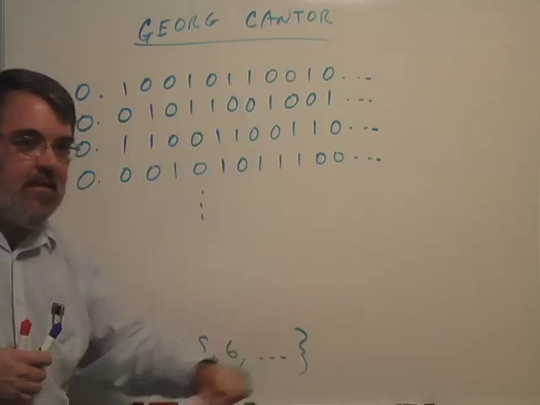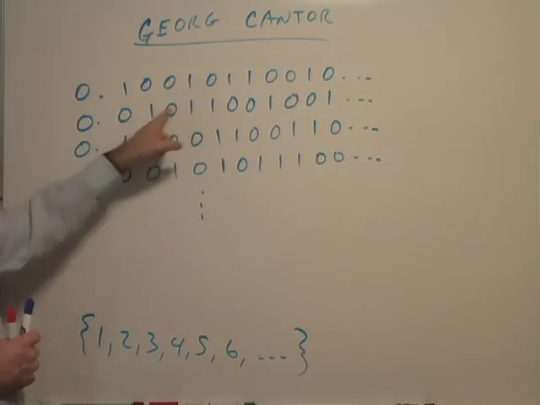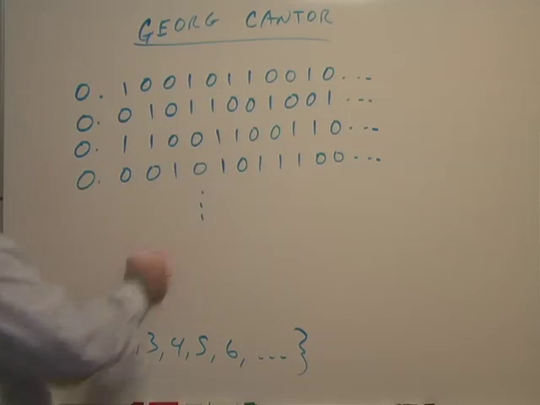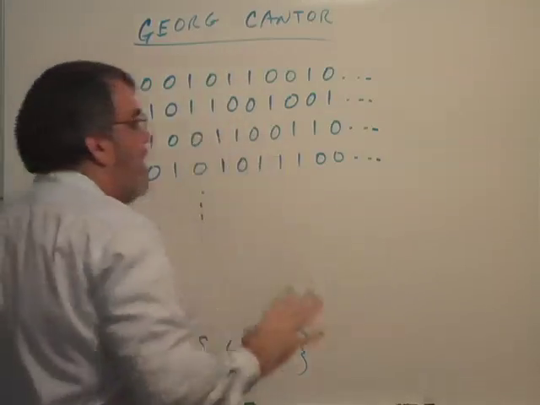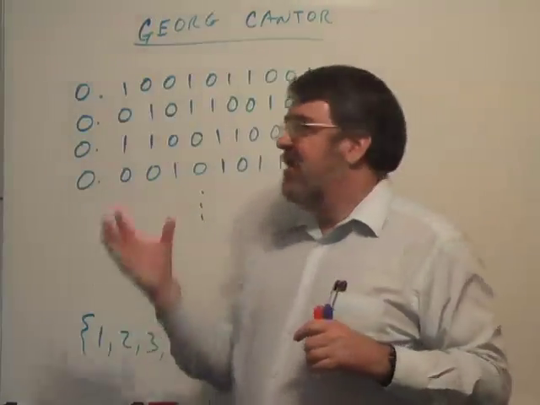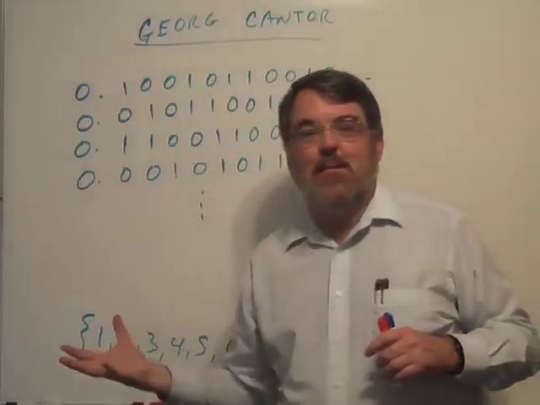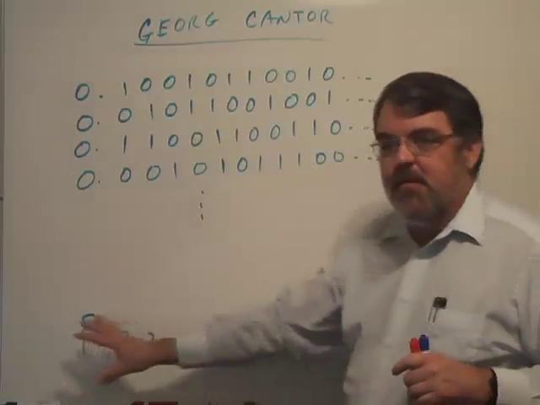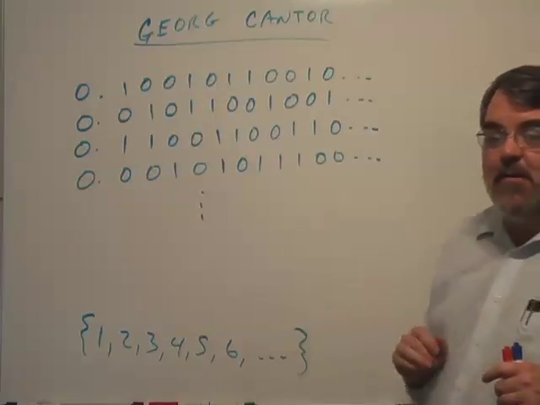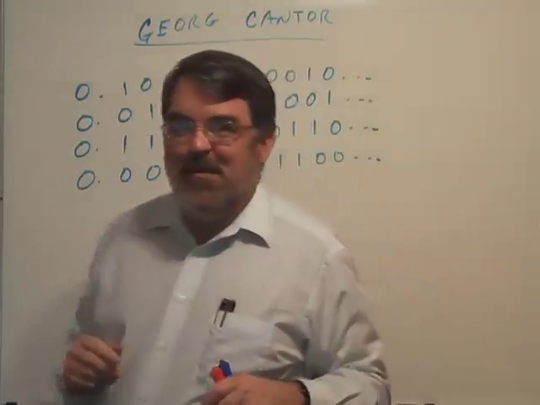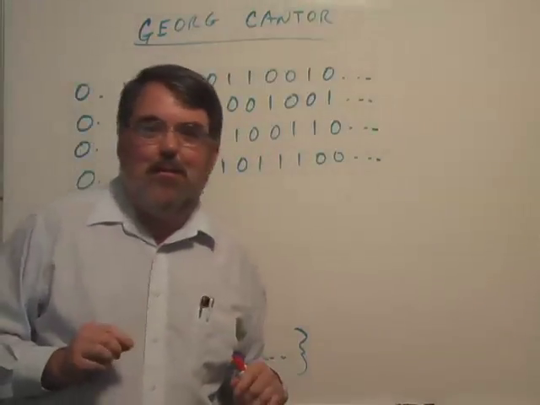And then 7, 8, 9, 10 will be 4, 3, 2, 1. He said we can diagonalize this infinite set of numbers and show that it's countable. It has the same size as the natural numbers. So far, so good. It all seems quite reasonable.